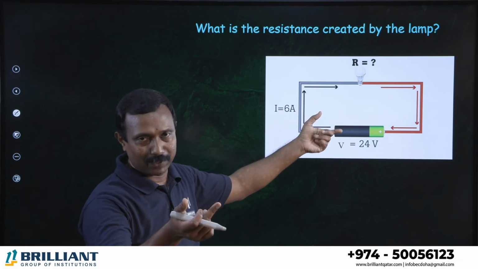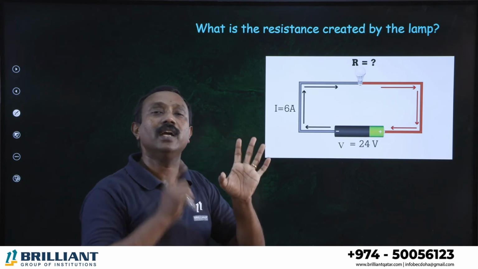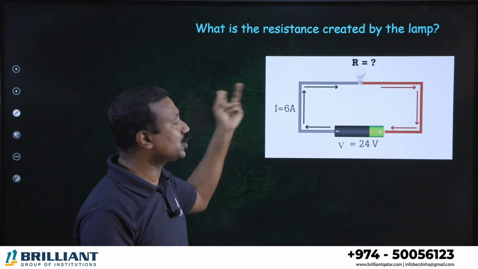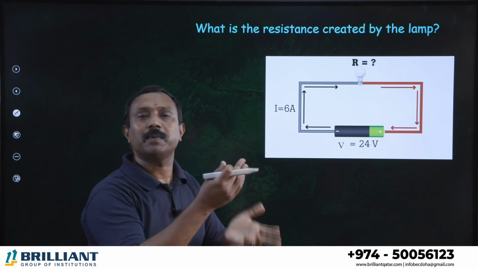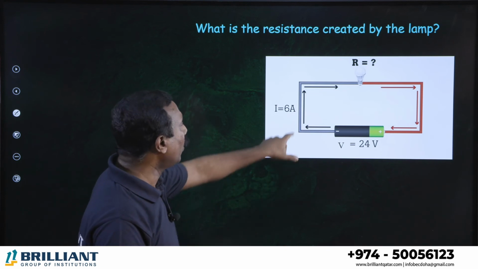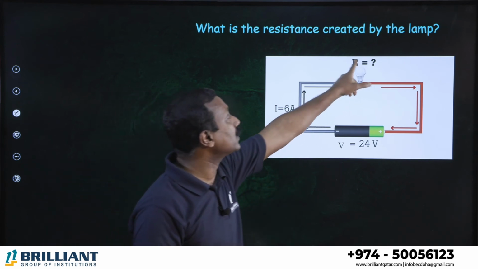In our Ohm's law, we are discussing three parameters, right? What are they? The electric current, the potential difference and the resistance. In the first two questions, we found how to find voltage and current separately using this Ohm's law formula, right? Now, in this third question, we are going to find out the value of resistance.